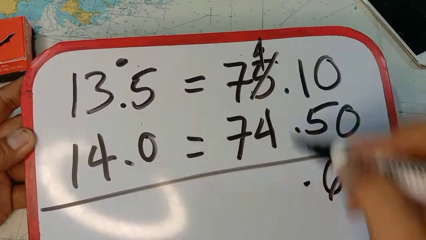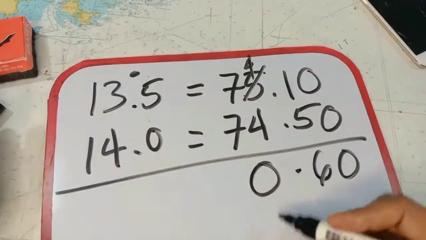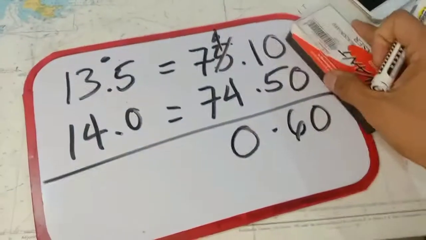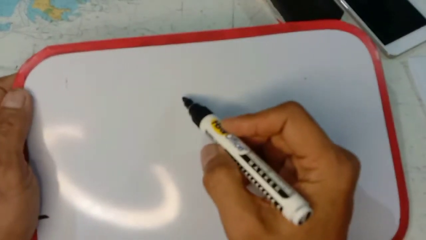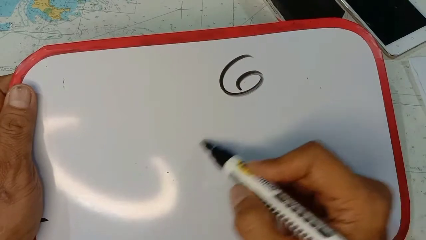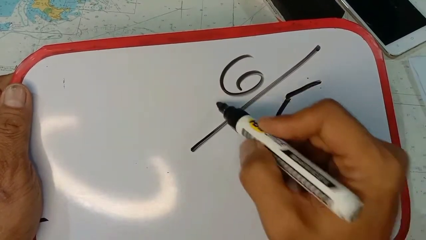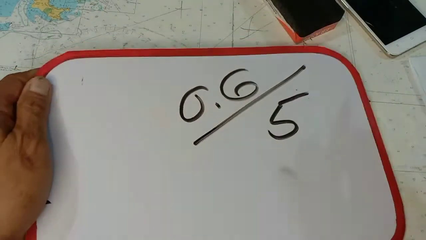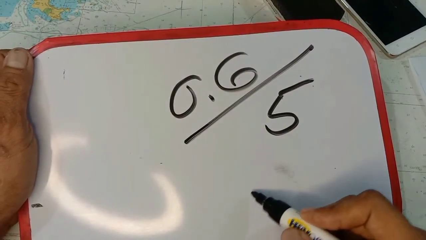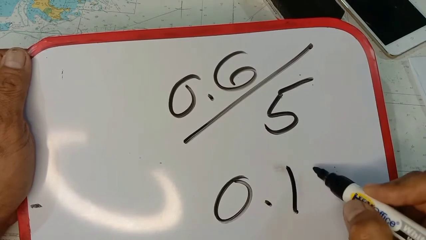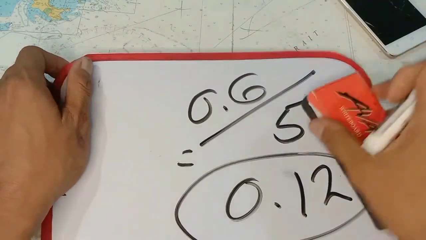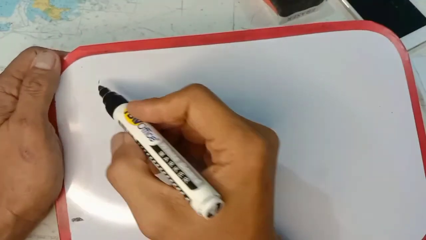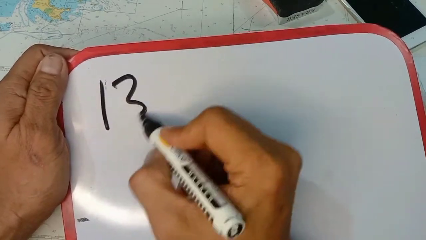So, ito yung difference. Then, mag-interpolation tayo. So, 5 ang diferensya. So, magiging 0.6 divided by 5 is equal to 0.12.